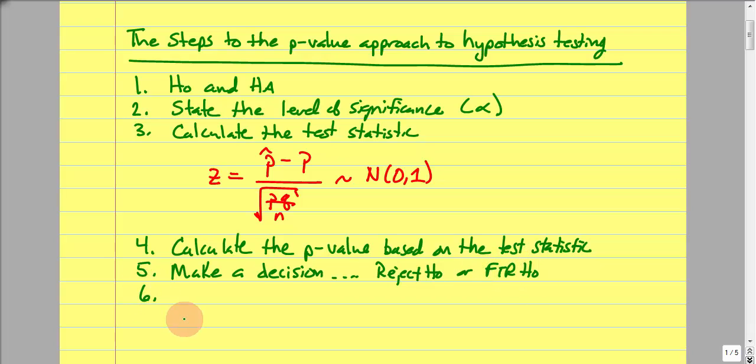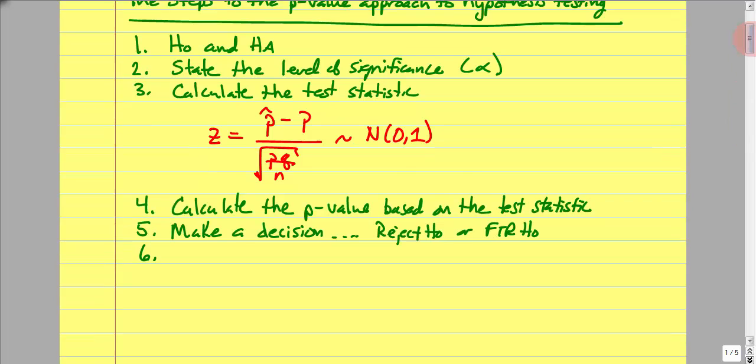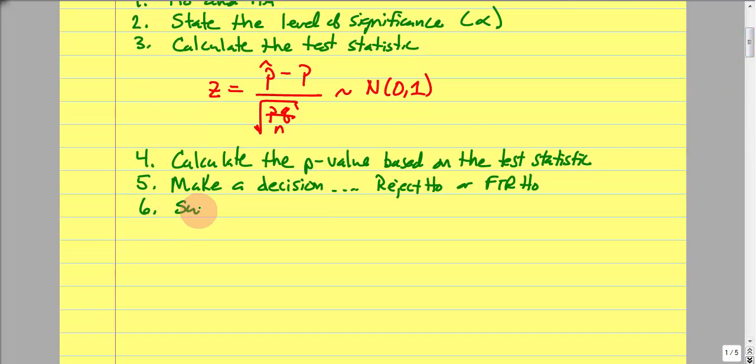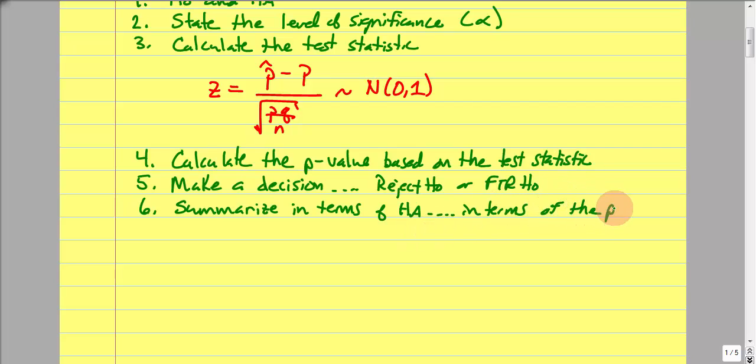My last step is to summarize in terms of my alternative hypothesis and in terms of the problem. So I have to make sure I always bring this back to what the question was asking. So these are the guidelines that we're going to be following in our problems today.